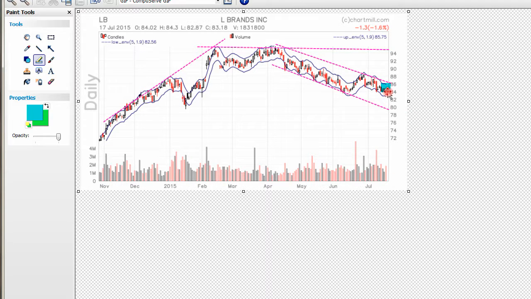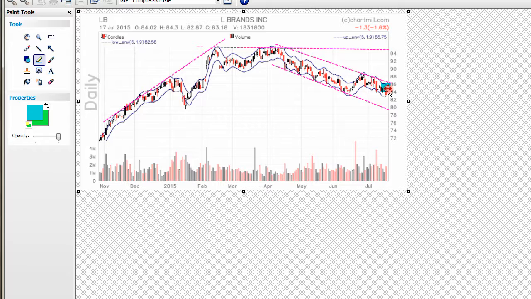So if you are eager to short the stock, then you will short as soon as we enter this short zone. But if you have more patience and you believe that we will have a bounce to the top of the envelope, then you might wait a few days and hopefully get a better entry price.